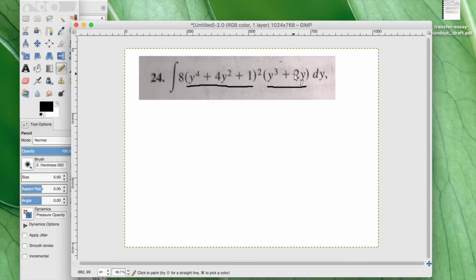And this 2y is a constant multiplied by a variable. So what happens if we did this? u equals y to the 4th plus 4y squared plus 1.